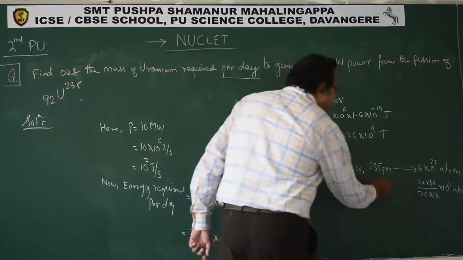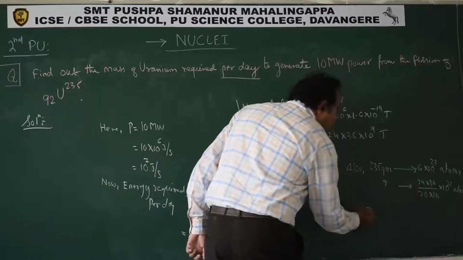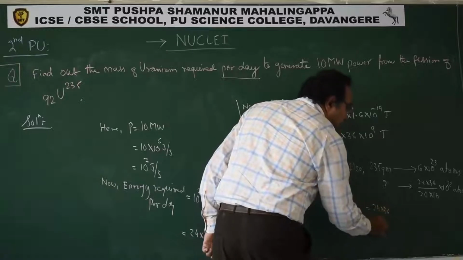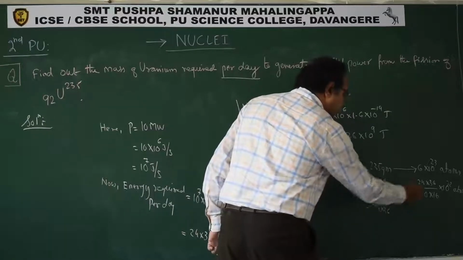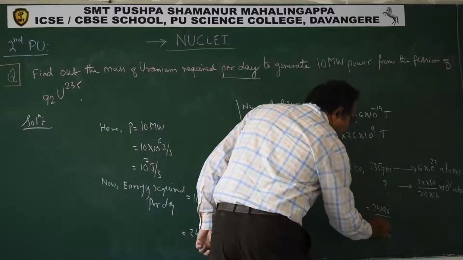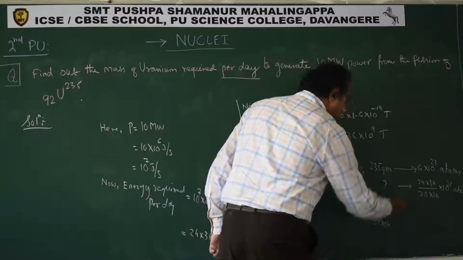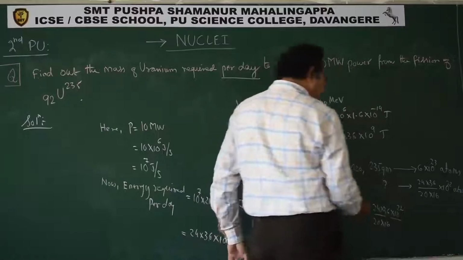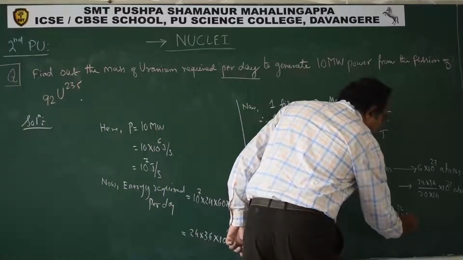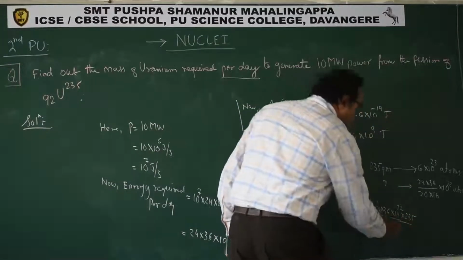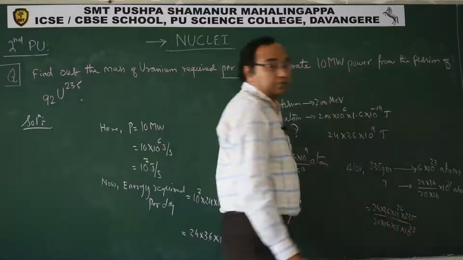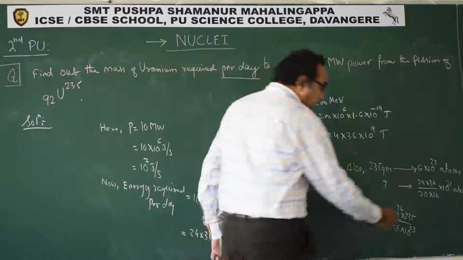How many grams? So that is nothing but 24 × 36 upon 20 × 16, this × 10^22, into 235 upon 6 × 10^23. This many grams.